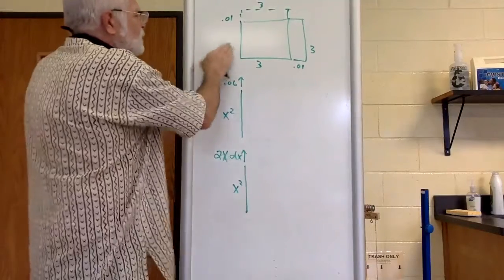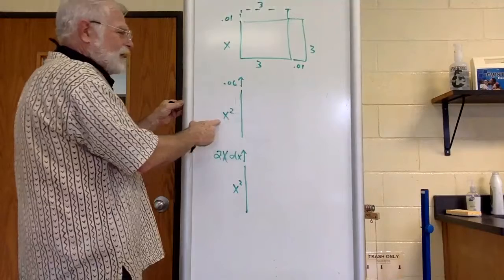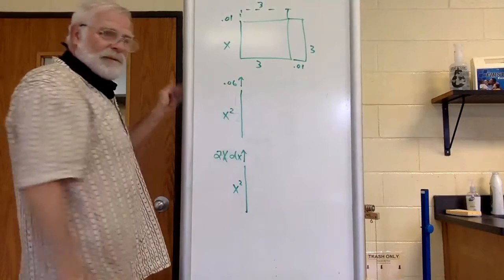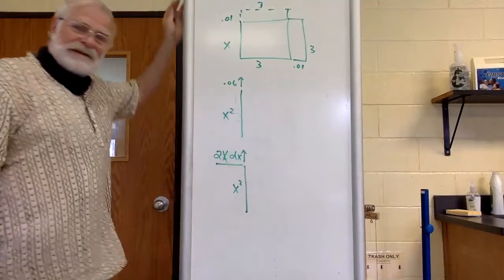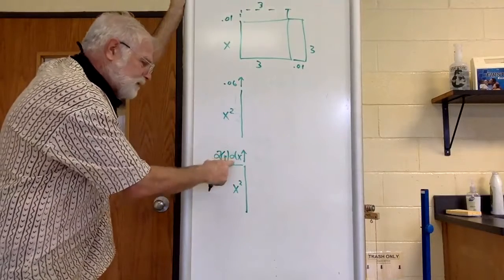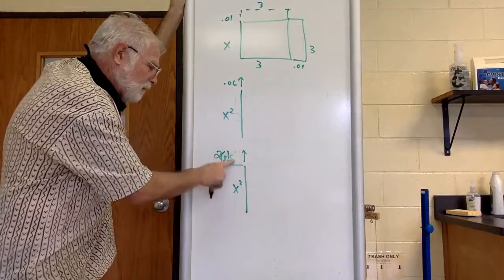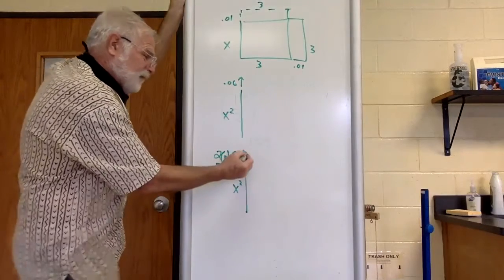But this was just for x. This is different. When I'm looking at x squared, that really changed by 0.06. Well, that's really 2x dx. That's really 2 times 3 times dx, which is 0.01. That's really the side of the top layer.